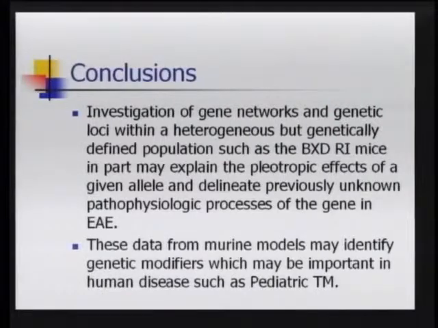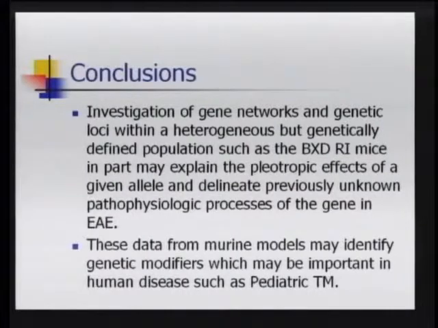But the thing that I wanted people to take away from this technique is that this is a way that scientists are going to be able to look at your genome on a chip to be able to say, okay, is there something that this particular person has that may predispose them to the pathophysiologic pathway that eventually led to them developing TM or some other autoimmune disease.